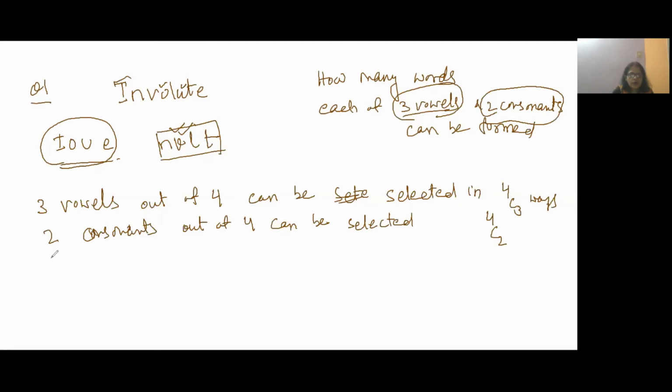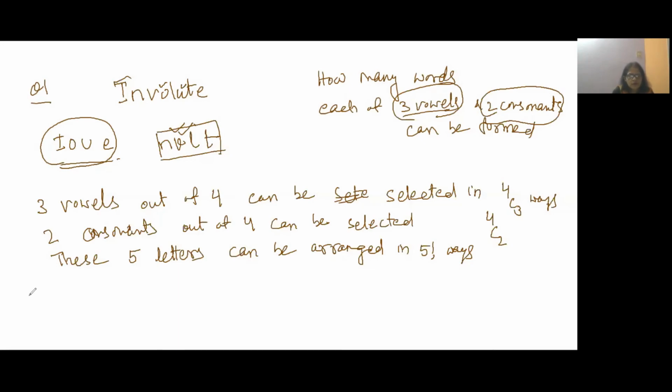So these five letters can be arranged in factorial 5 ways. Did you understand? Because once you select them, you just put them in one place, so you cannot get different words unless you arrange the letters.